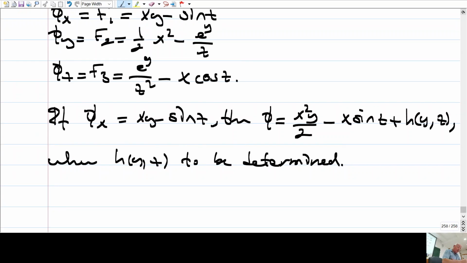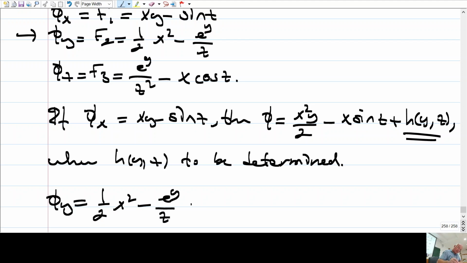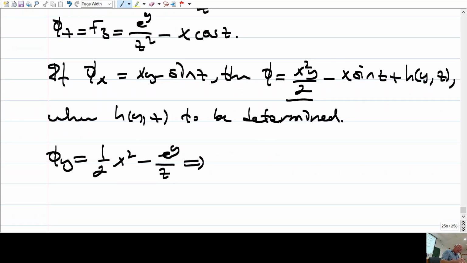And then how can I find h? Well, I take this and plug into the second equation, which tells us phi sub y is equal to f2, which is 1 over 2 x squared minus e to the power y over z. So I'll take the y derivative of this and equate it to this.